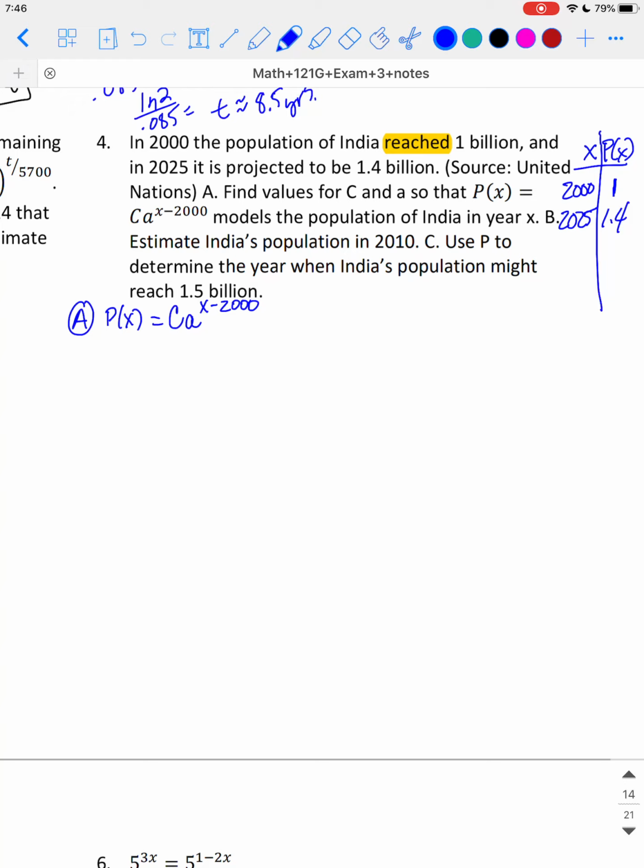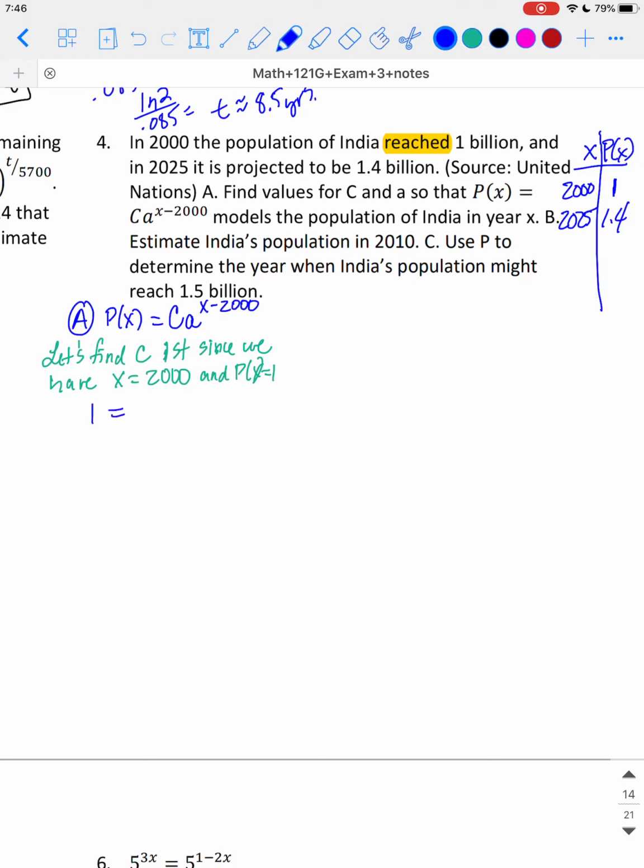And so here we can find C first. Since we have X equal to 2000 and P of X is equal to 1, I'm going to substitute stuff in.